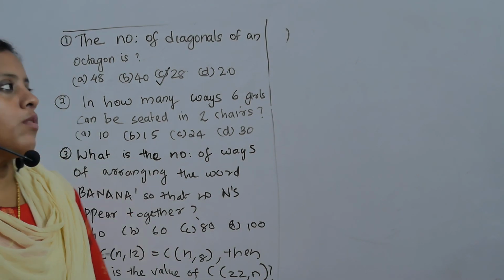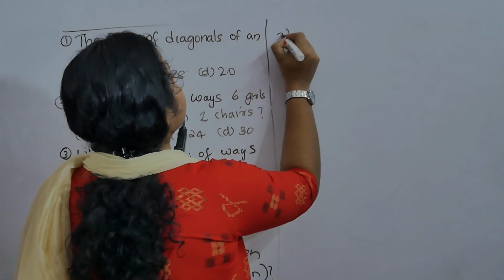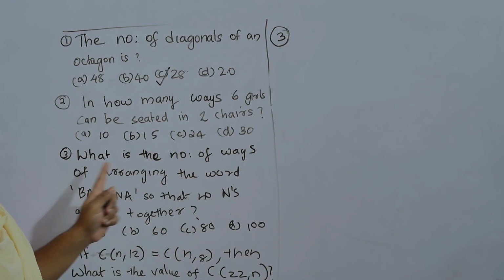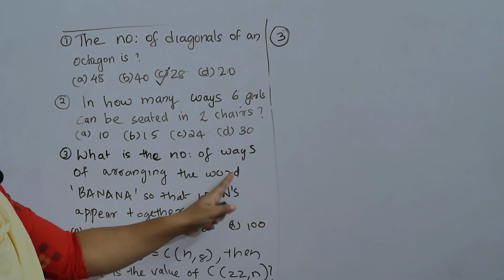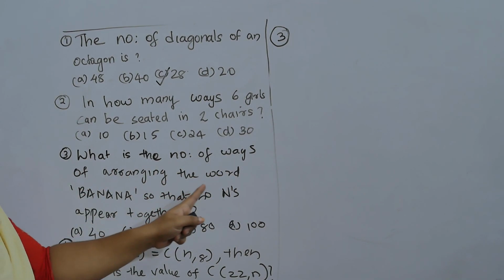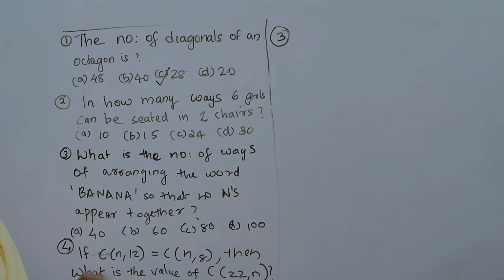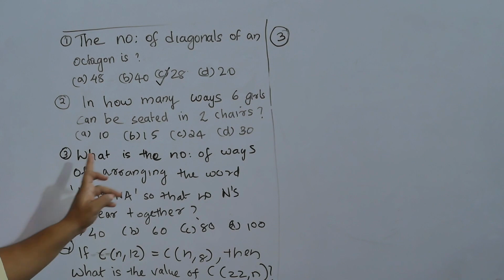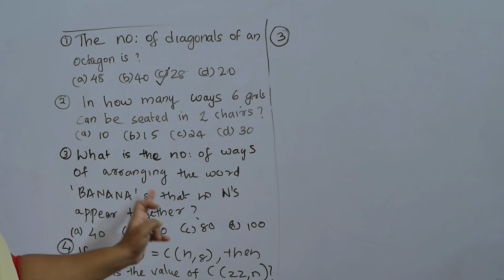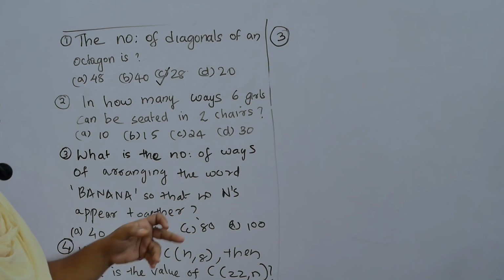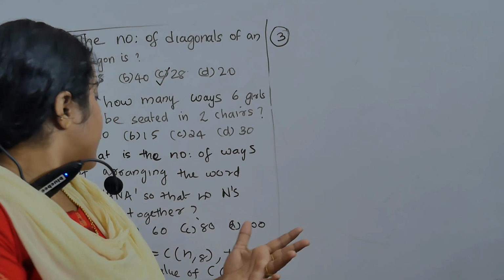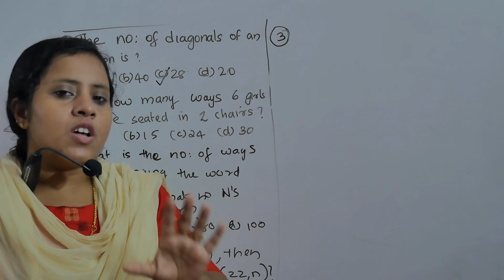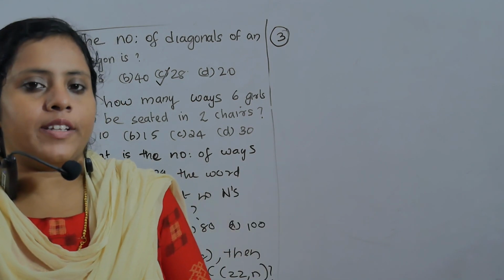So third question, what is the third question? What is the number of ways of arranging the word banana so that no N's appear together? What they are asking is, in how many ways we can arrange the word banana so that N's should not come together.